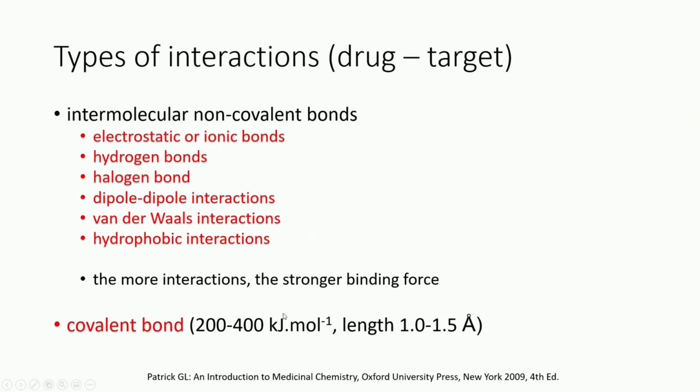However, as I said, it is not as often as the non-covalent interactions. We can include there electrostatic bonds, I mean the ionic bonds, hydrogen bonding, halogen bond, and some weaker types of interactions, for example, dipole-dipole interaction, van der Waals interactions, or hydrophobic interactions. So now we will discuss these types of interactions more in details and explain them.